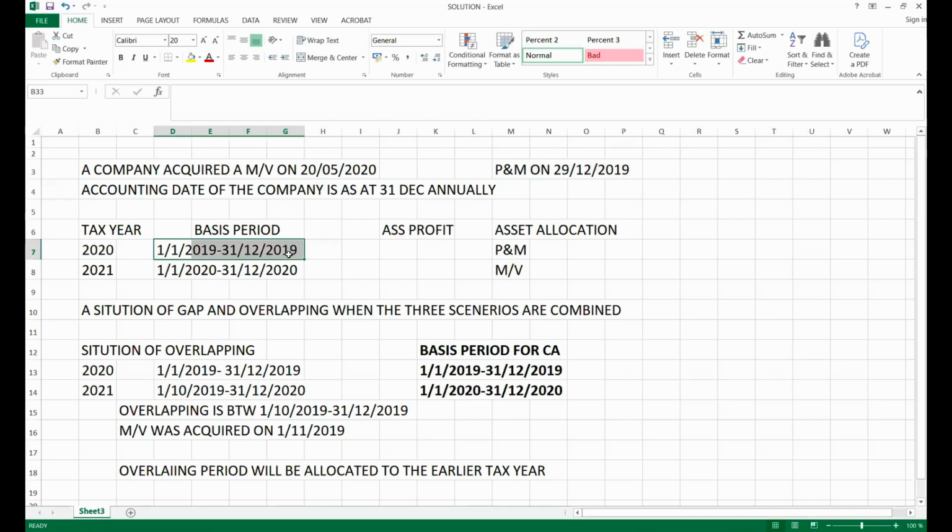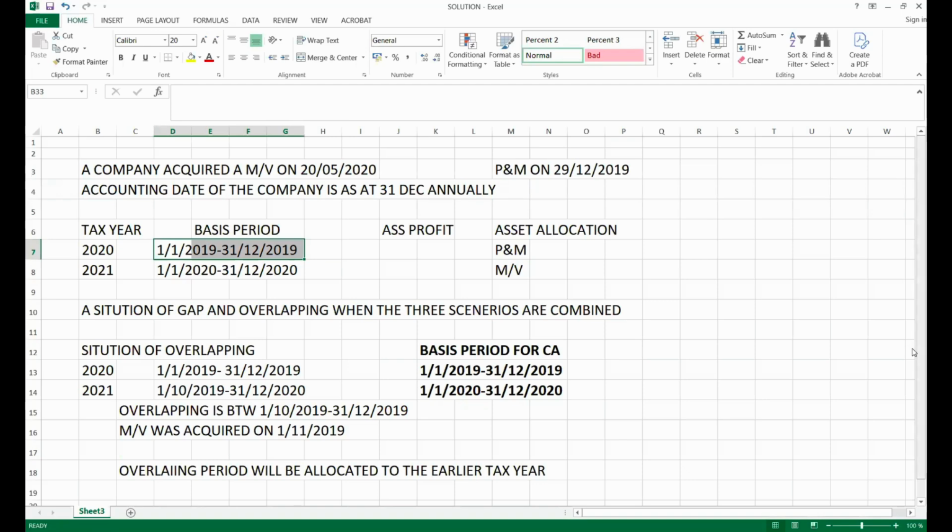Even though the asset was acquired on the last day of the year, it will be available for capital allowance in full, based on the number of months you have in the basis period. Exactly. So that's that. Any other question?